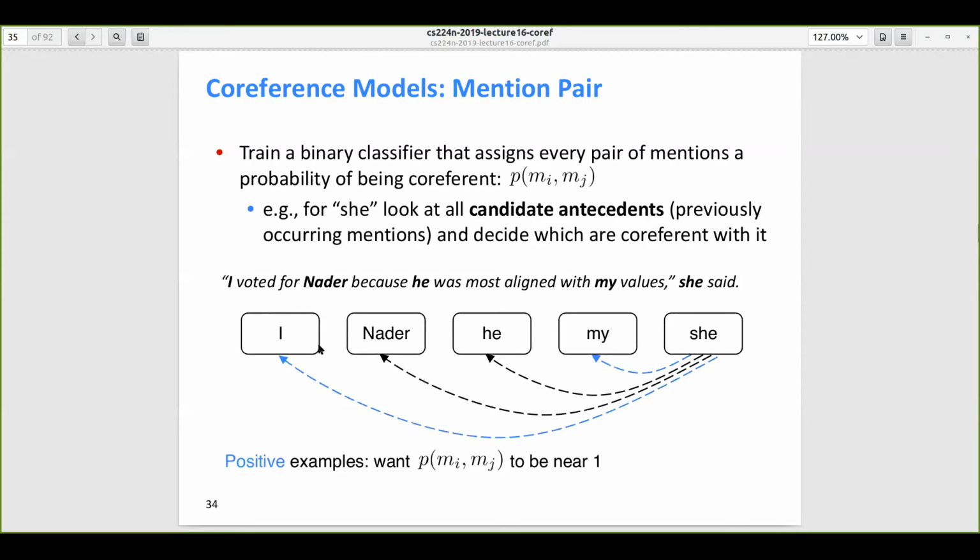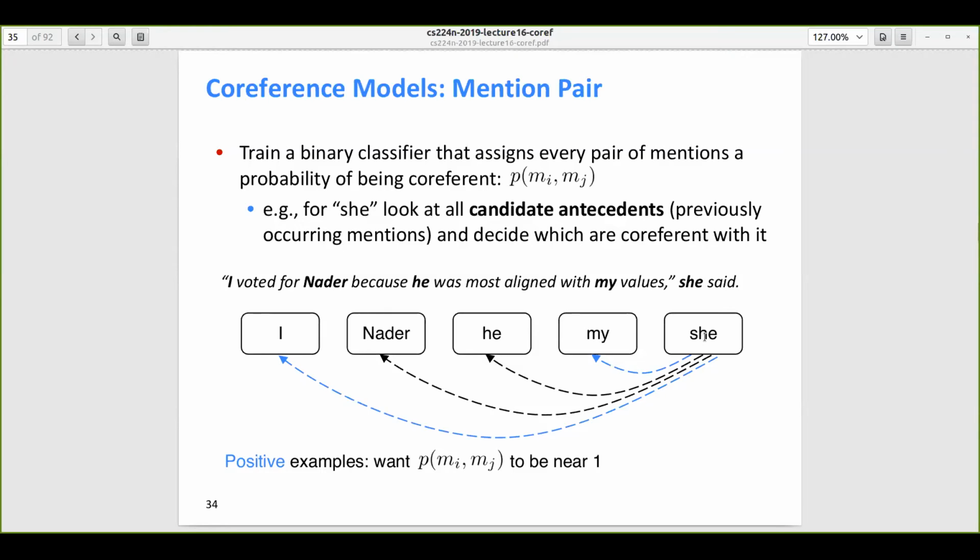Since it's a binary classifier, we'll have positive examples and negative examples. For this example, the words I, my, and she will form positive examples. My and she will be one positive example pair, and similarly, I and she will form another positive example pair, whereas she and he will be a negative example pair.